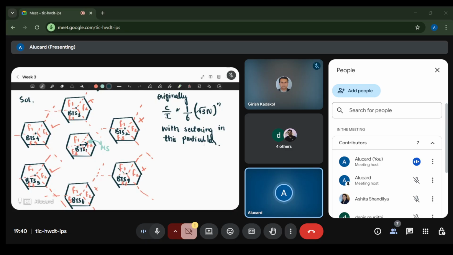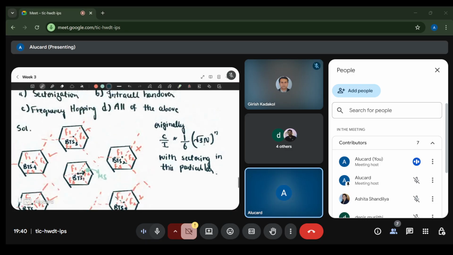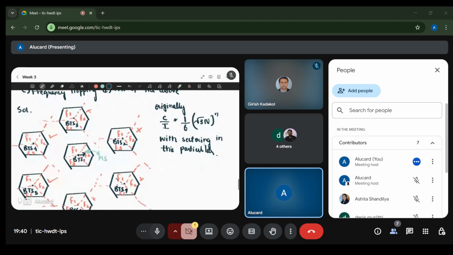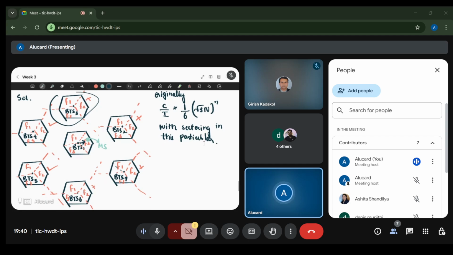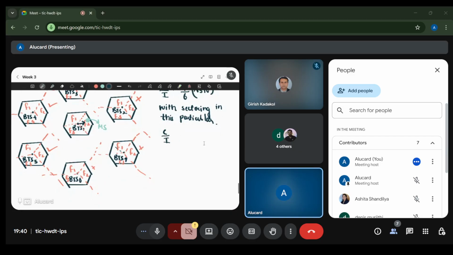this also depends on where your co-channels are located. Sometimes this and this can also interfere, but at least in this configuration, only base station 4 and base station 5 are interfering.